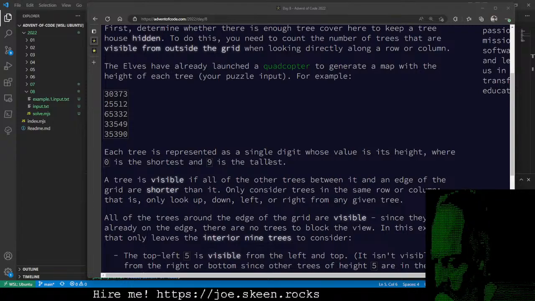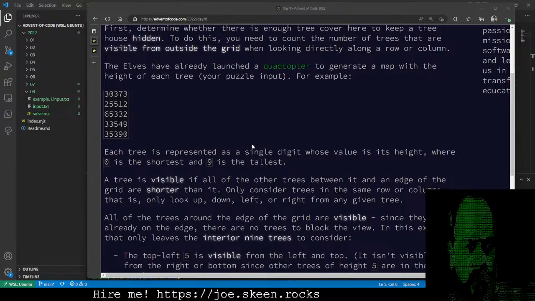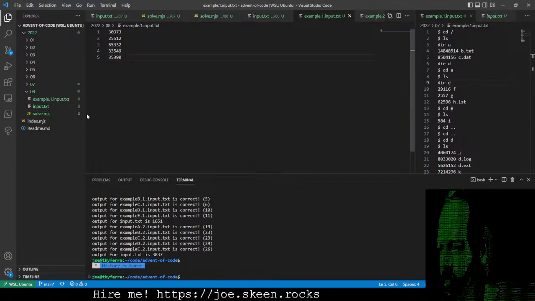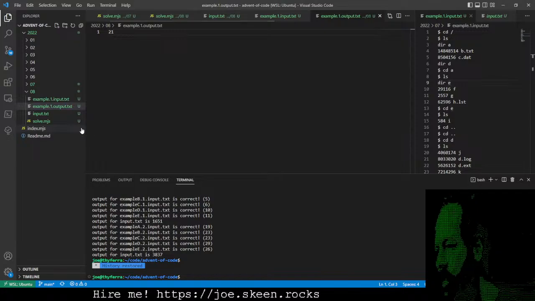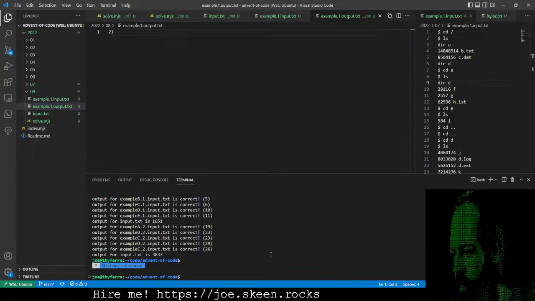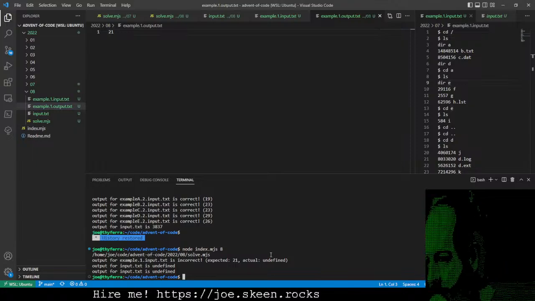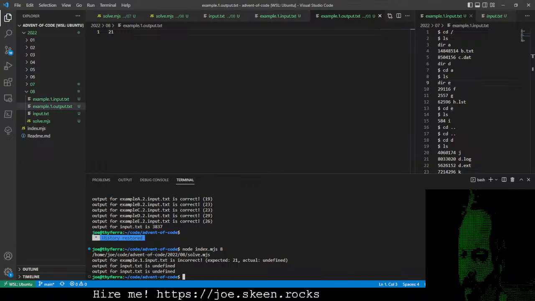We will need to make sure that we don't double count trees. Okay, I think we are ready to start.